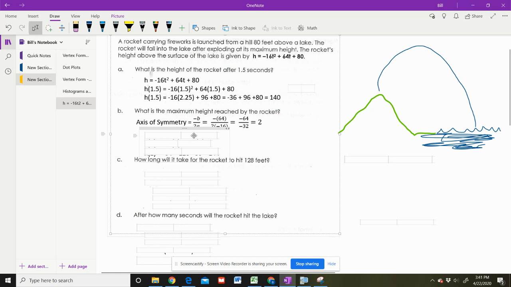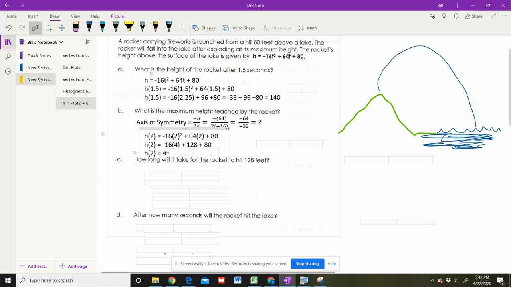So now what we're going to do is the same thing as what we just did up above. We find h of 2. We put 2 in for t, and we solve our equation out, right? So negative 16 times 2 squared plus 64 times 2 plus 80. So when we plug that in, 2 squared becomes 4. So we get negative 16 times 4 plus 128 plus 80.